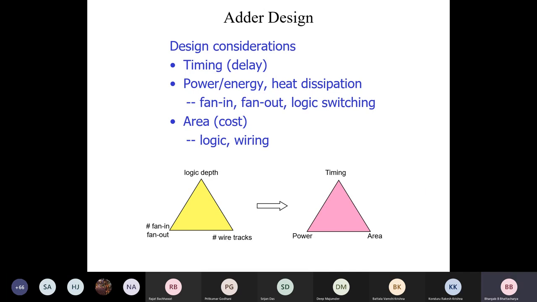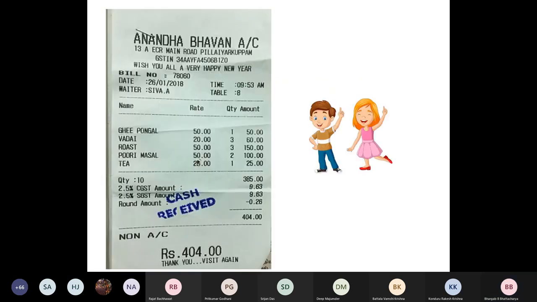Now next we will move on to what if you want to add multiple numbers. So far we have discussed that we are given two numbers A and B, and we want to add them up, right? But in general, if you go to a restaurant, you see that there are so many entries, right? So you need to add multiple numbers.